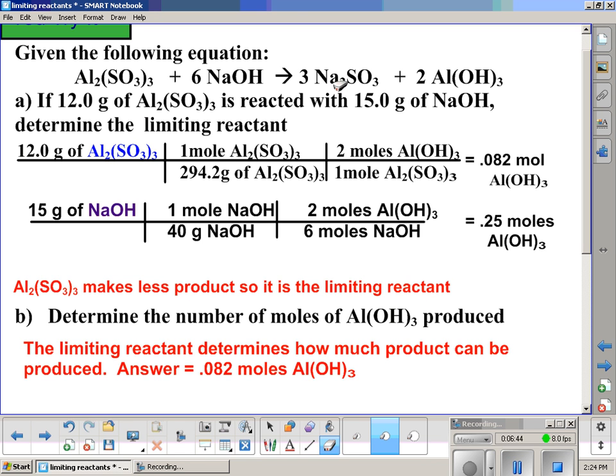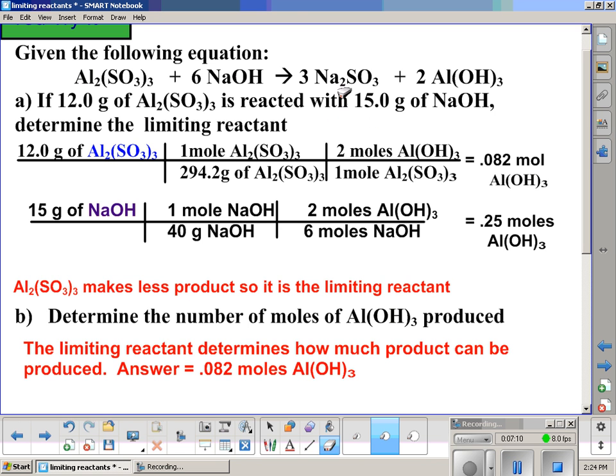You're going to go from how much of either one of these was produced back to the excess reactant. Sodium hydroxide is the excess. If we go from how much of these was made back to this, we're finding out how much of it was used in the reaction. Once we know how much was used, we'll be able to subtract it from what we started with, 15.